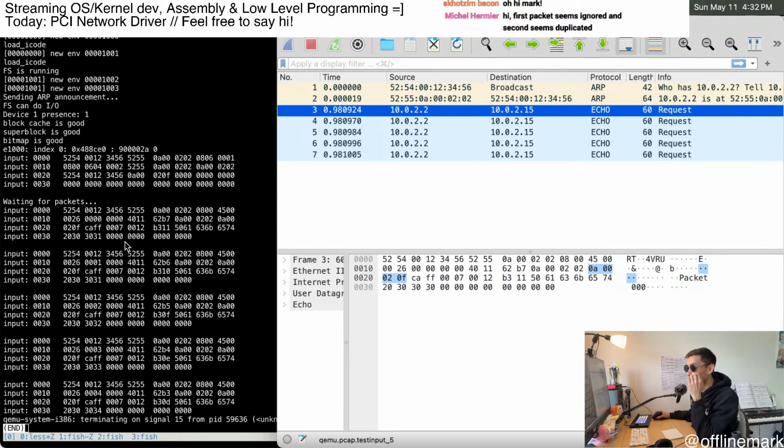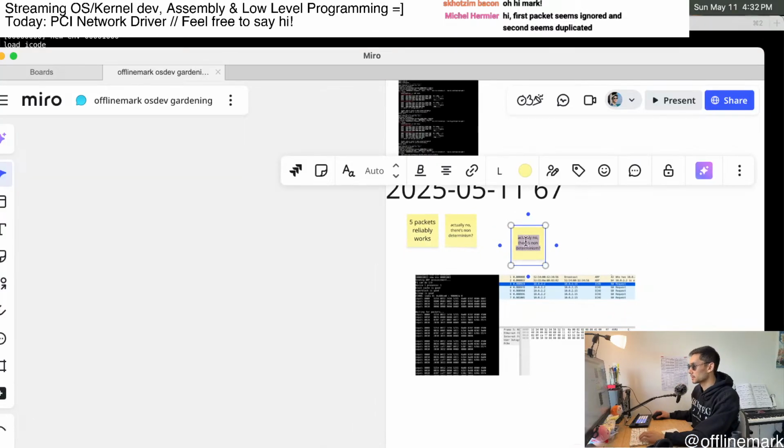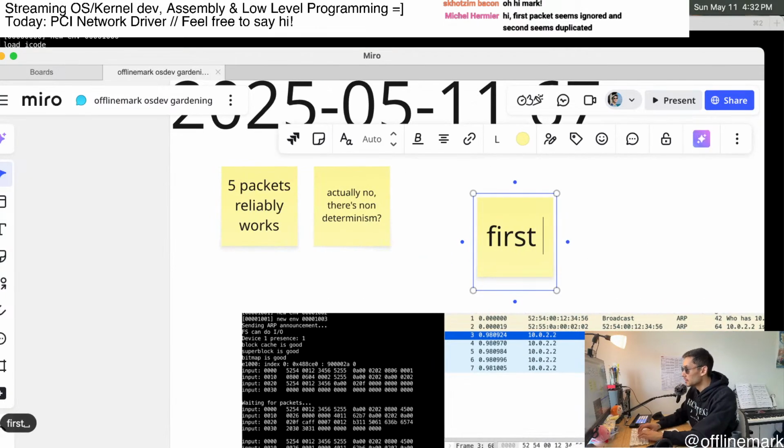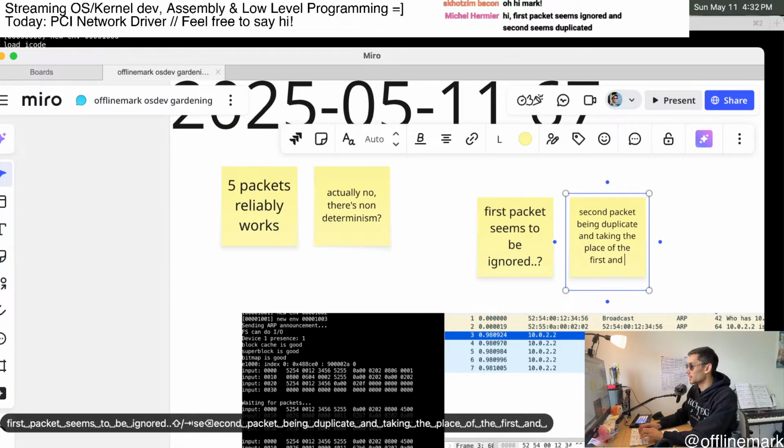It's taking the place of both the first and the second. So that is interesting. First packet being ignored, second packet being duplicated and taking the place of the first and second.